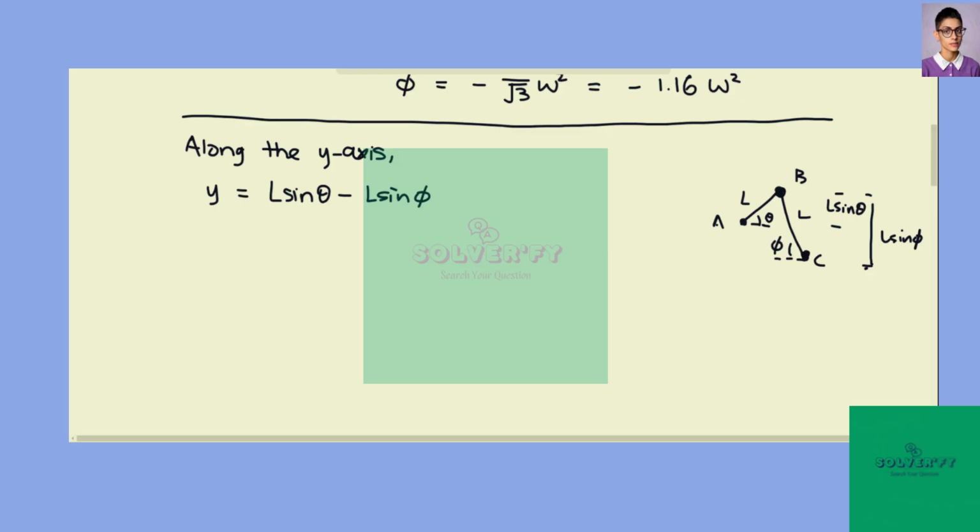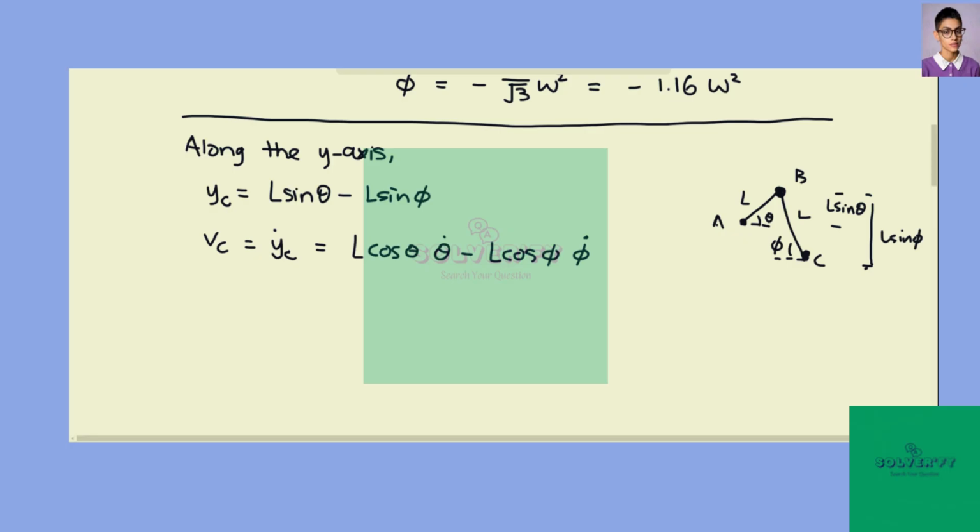When you take the difference, you get a negative y. I'm going to call this yc, and then vc is the time derivative of yc, so you get L cosine theta theta dot minus L cosine phi phi dot.